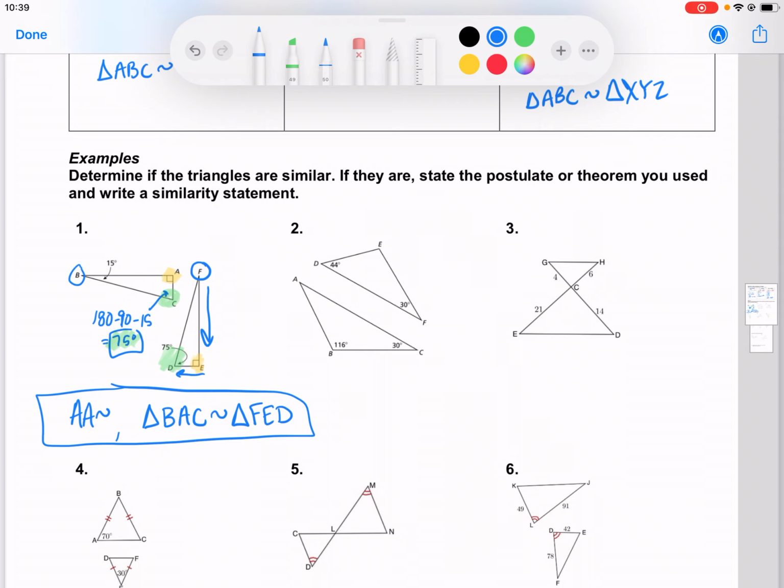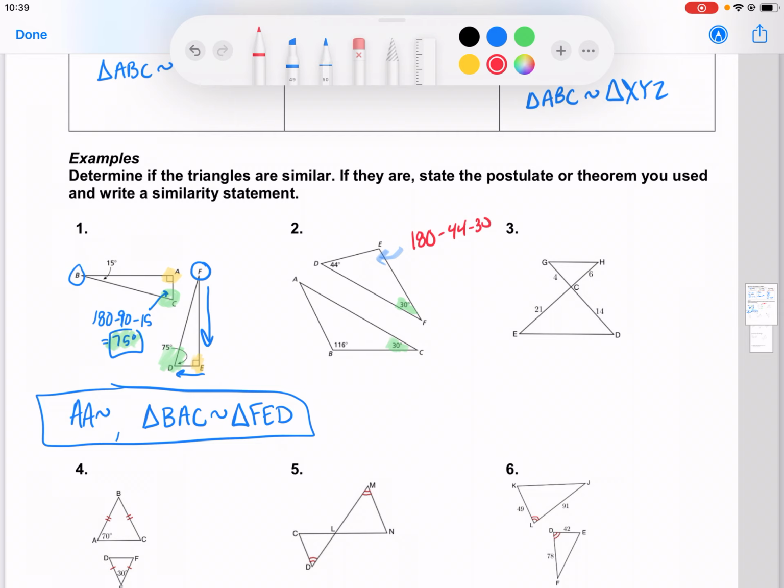So let's go ahead and do another one really quick. So once again, we're just trying to determine, there's only angles, so therefore this might be the angle-angle one. So we already have 30 degrees, so we're in good shape there. I'm going to go ahead and find angle E right now by taking 180 and subtracting the other two angles.